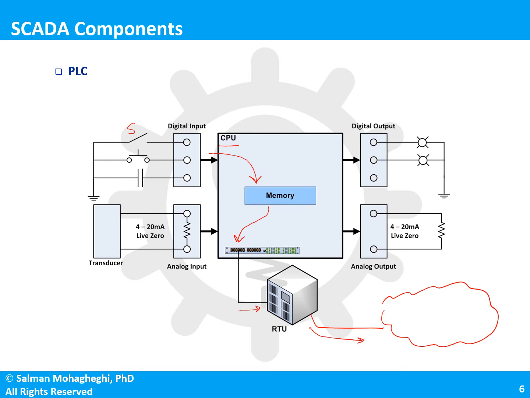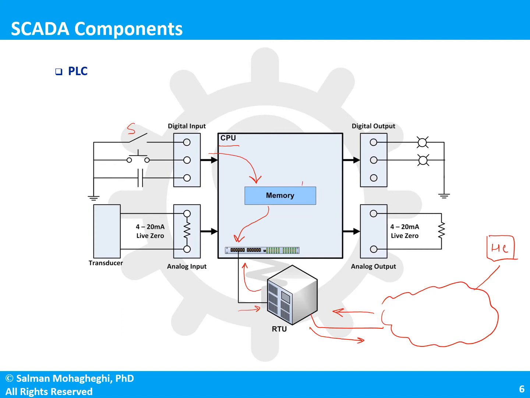Likewise with analog inputs, for example, if there is a measurement of a voltage, a current, a position, anything like that. At the same time, if there are messages being sent to the PLC from the host computer, those messages will come to the RTU, which pushes them to the PLC, and the PLC, based on what device this data is intended for, will pass it to that device.